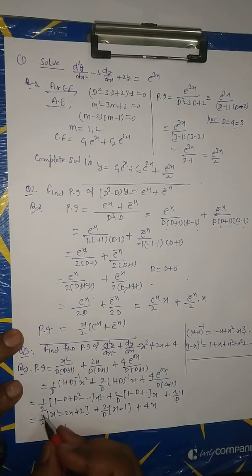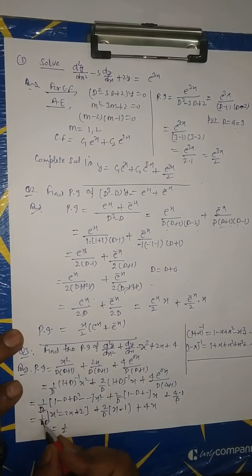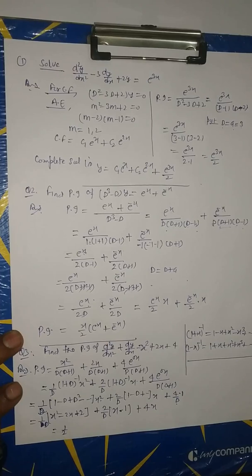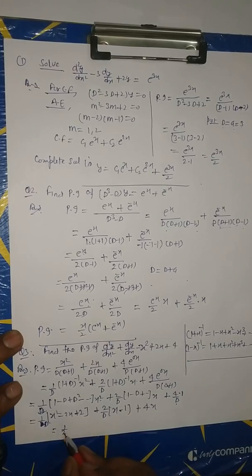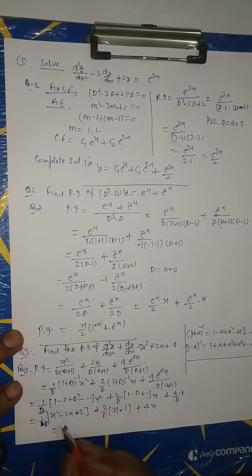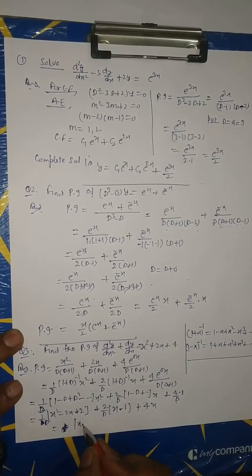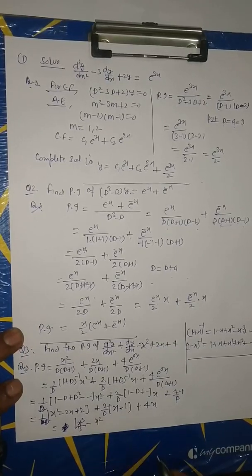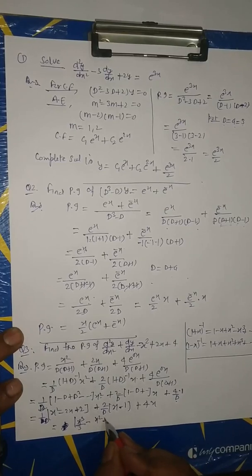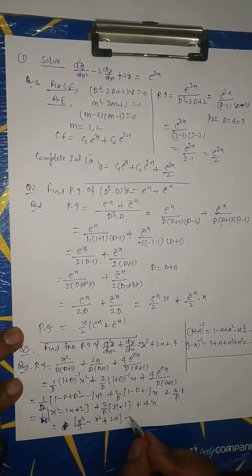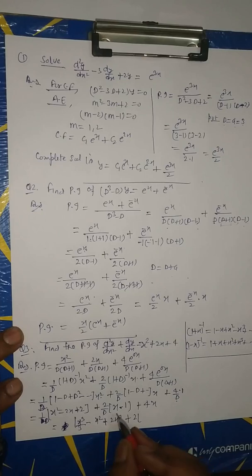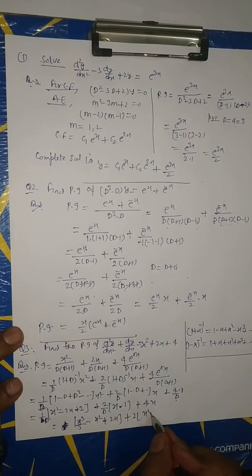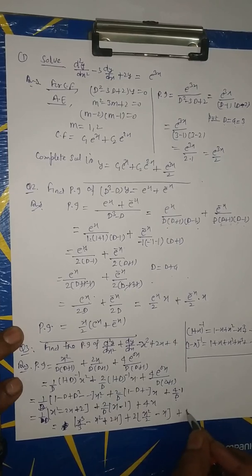1 upon d, 1 upon d as it. Now we integrate: x cube upon 3 minus x square plus 2x plus 2 x square upon 2 minus x plus 4x.